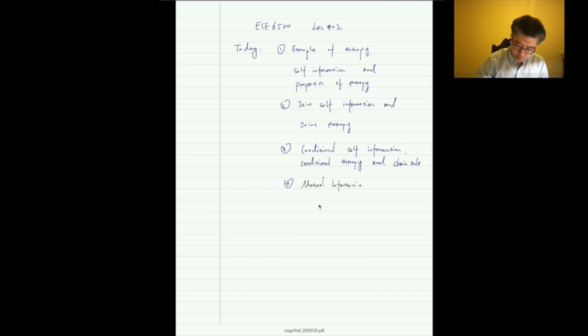So we're not done yet. In our next class, we're going to introduce more measures of information theory. Okay, great. Let's see the first topic now, examples of entropy.